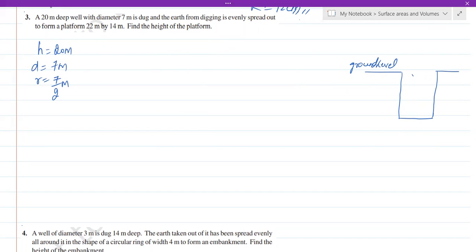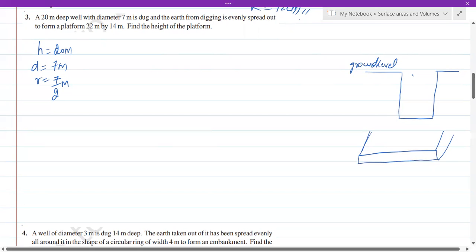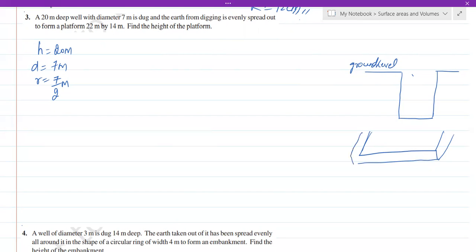Now, if you remember, platform is actually cuboidal in shape. Let's take a platform something like this. The platform looks something like this, isn't it? So which is cuboidal in shape. Let me redraw it.